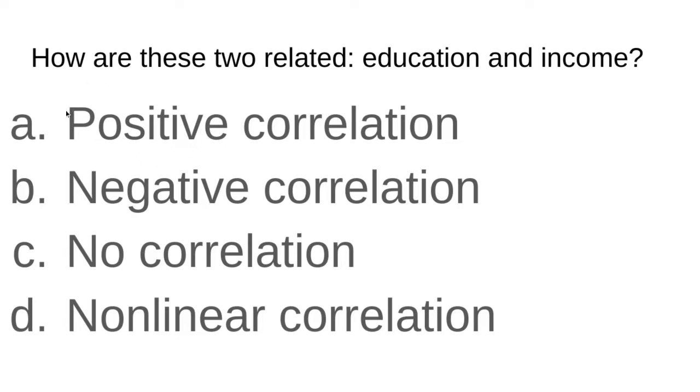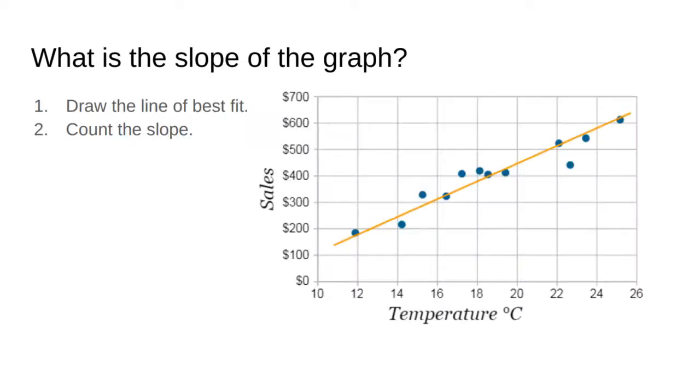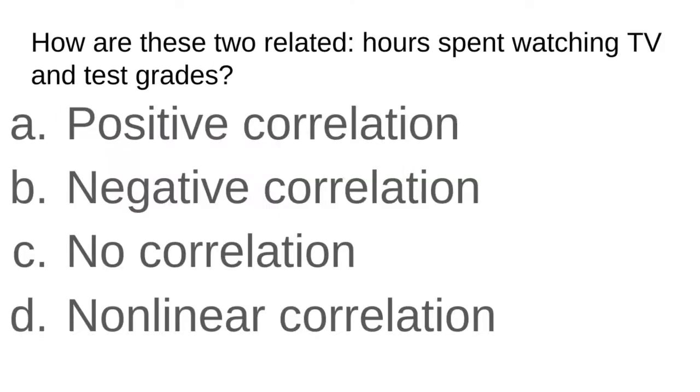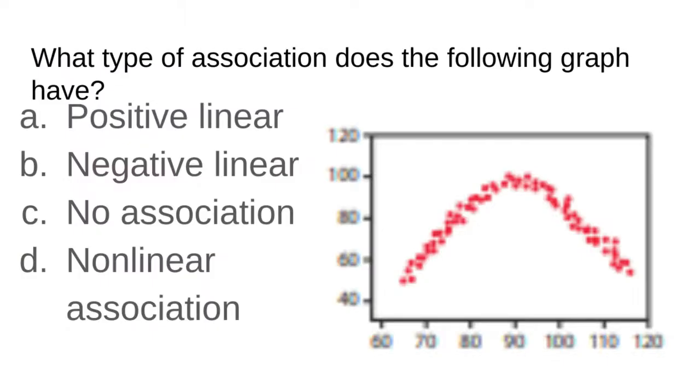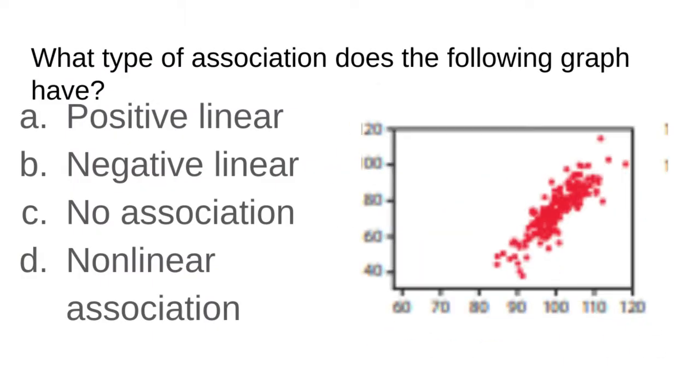Okay, so you could think of an outlier in this instance with education and income, but in general, the higher your education, the higher your income. Okay, and then the last thing I just want to introduce to you, if you have a scatter plot, I'm going to go back to this one, and I asked you to find the slope.